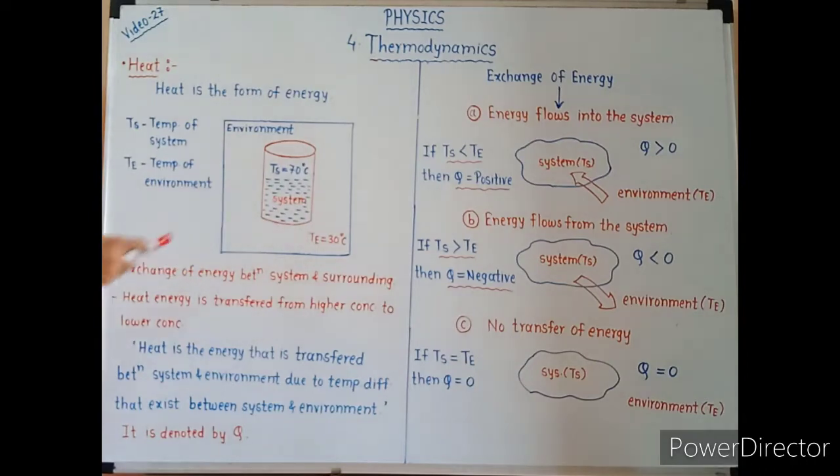Now consider the temperature of the system is 70 degrees Celsius and the temperature of the environment is 30 degrees Celsius. As we know, there is an exchange of energy between system and surrounding, so heat energy is transferred from higher temperature to lower temperature, that means from the system to the surrounding.